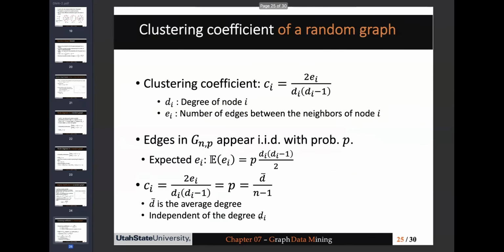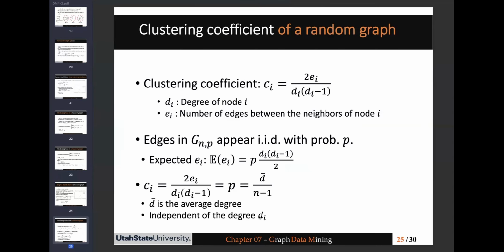Okay, now we're going to talk about a different concept, more specifically the clustering coefficient, right? We already defined the clustering coefficient as a measure of the likelihood that two neighbors of a node are also connected to each other.